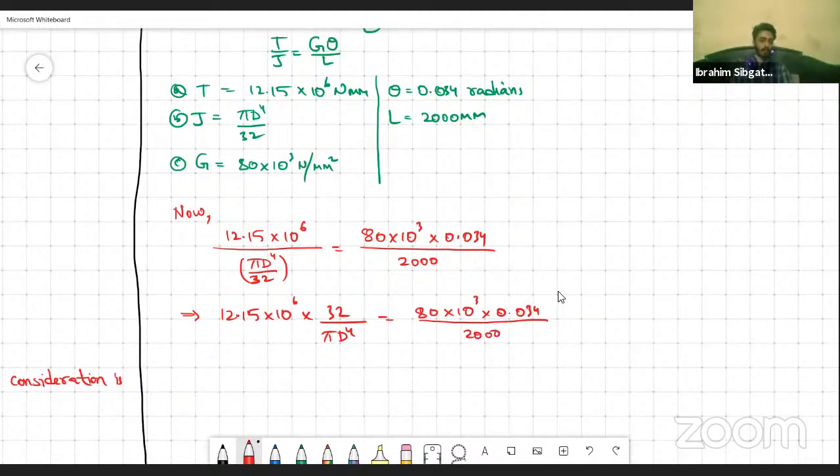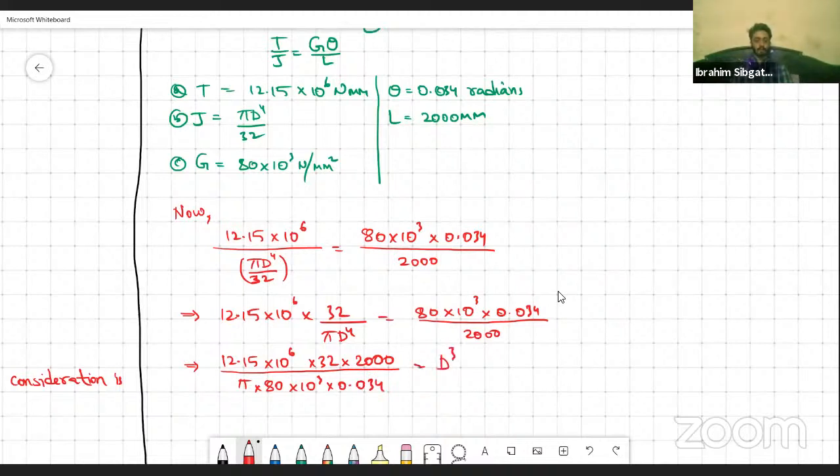Now let's cross multiply them. So this will be 12.15 into 10 power 6 into 32 into 2000, divided by pi into 80 into 10 power 3 into 0.034, equals to this d power 4 would come out here. Okay, that is d power 4.